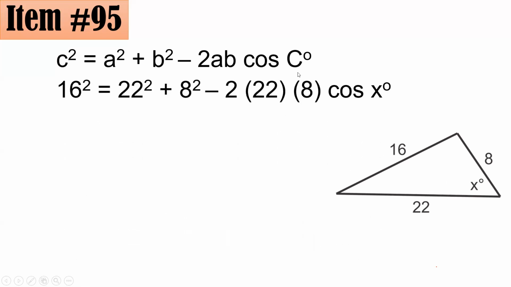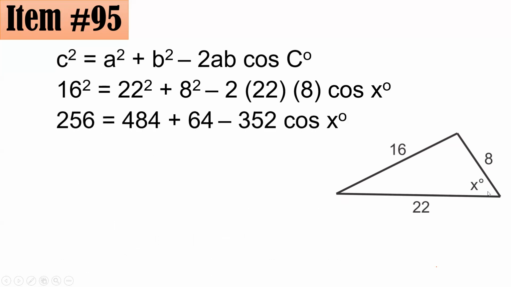So c is 16, and x is your angle C. By substitution, 16 squared is equal to 22 squared plus 8 squared minus 2 times 22 times 8 times cosine x degrees. Simplifying, 256 equals 484 plus 64 minus 352 cosine x.